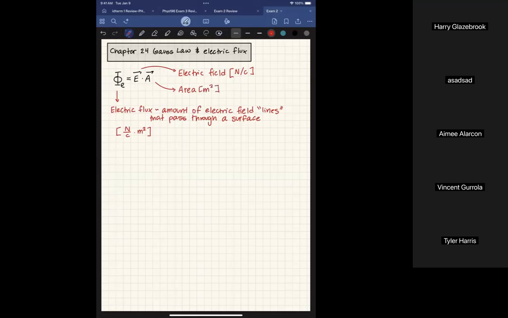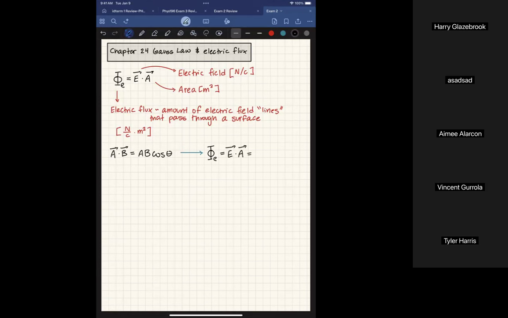As a couple of side notes, this is a dot product here. You may remember that if I have two vectors, A dotted with B, that can be rewritten as the magnitude of A times the magnitude of B cosine of theta. So same thing up here. Electric flux is the electric field passing through the surface, dotted with the area of that surface.